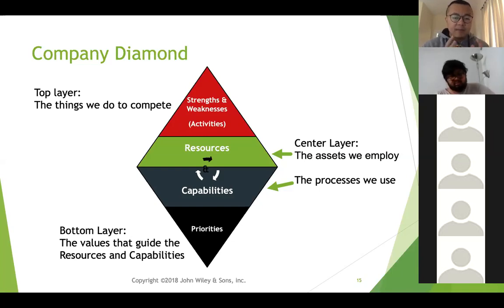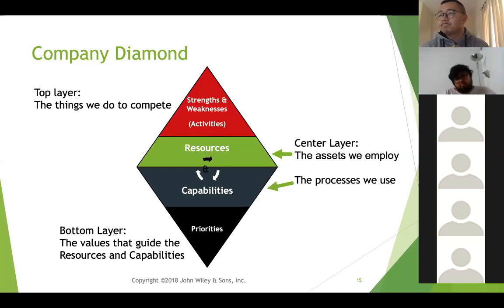Capabilities mean which kind of process we use to exploit the resources to achieve our strengths and weaknesses. The top layer is all activities of the company, the things we need to do to compete in the market.